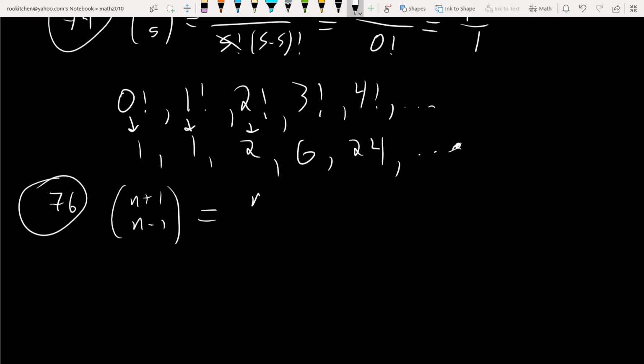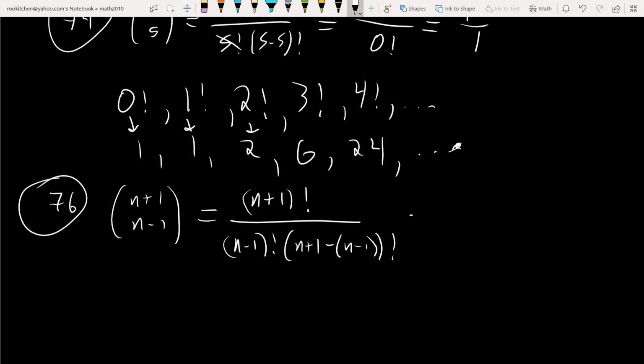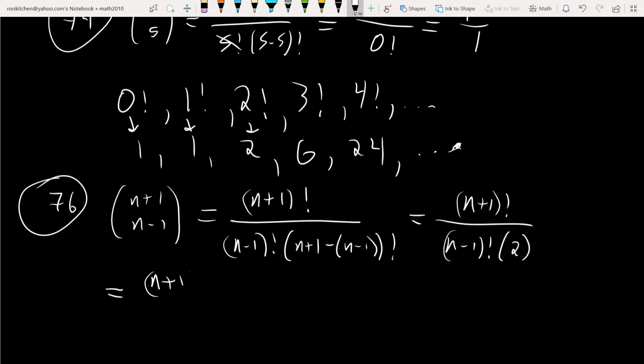Anyways, this thing is n plus 1 factorial all over n minus 1 factorial times n plus 1 minus n minus 1 factorial. Okay, so this is n plus 1 factorial all over n minus 1 factorial times n minus n is 0, and then 1 plus 1, so just 2. And then I can simplify the numerator and the denominator with the recursive definition.